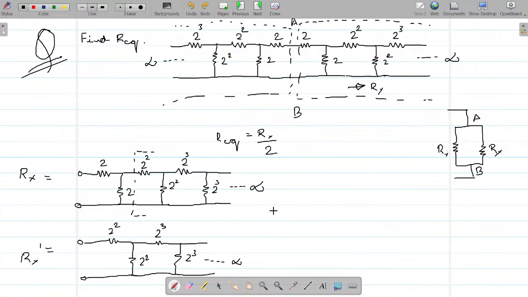Okay, I am saying Rx dash is equal to 2 times Rx. Is it safe to deduce that? Would it be wrong if I say it? Tell me.